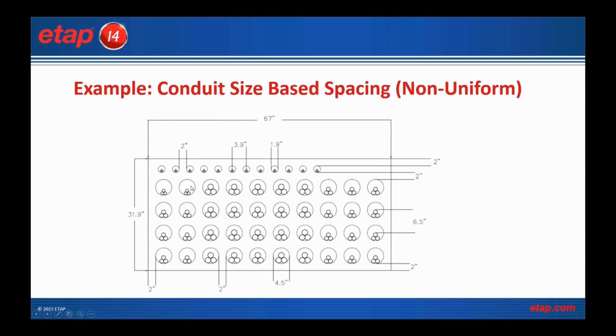So the larger the conduit, typically the spacing would be larger up to a certain limit. With smaller conduits, the understanding is the conductors are not carrying medium voltage or high voltage power. The current may be lower, so they tend to be a little bit closer to each other.